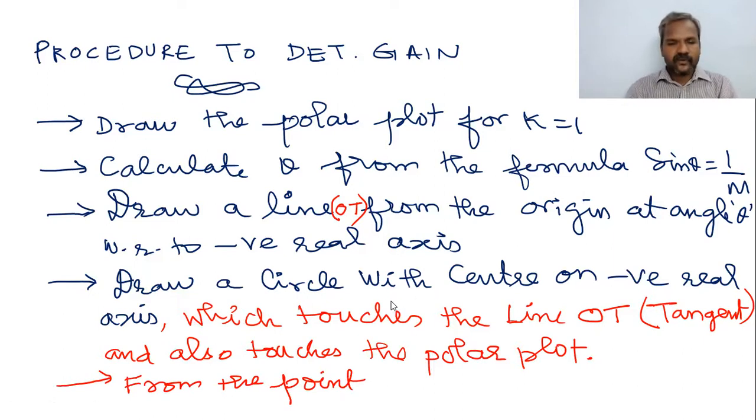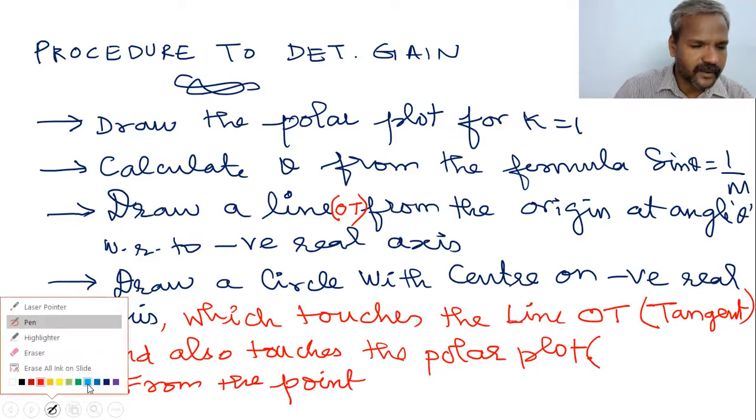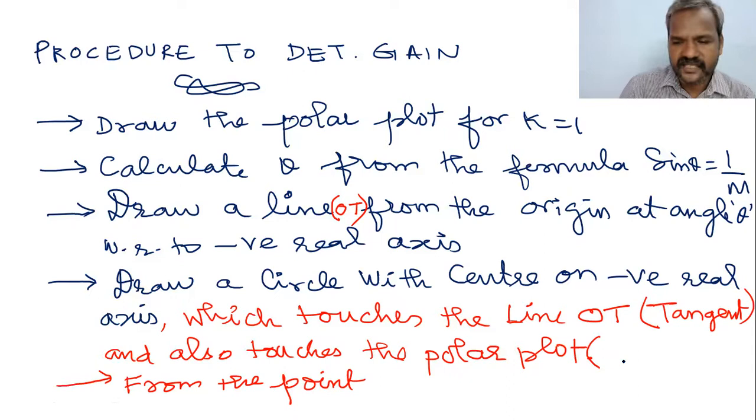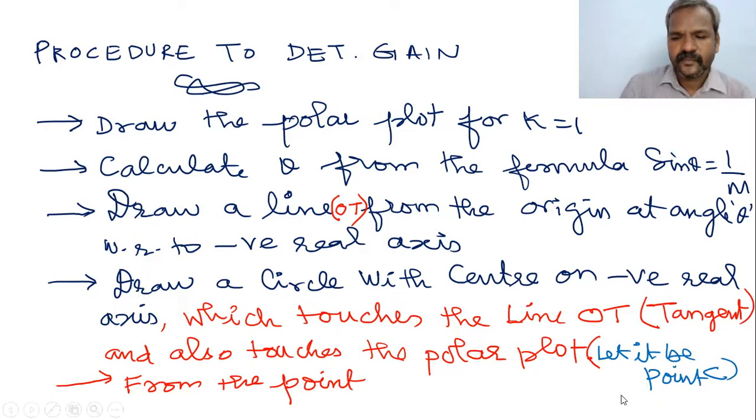So draw a circle with center on the negative real axis which touches the line OT and also touches the polar plot. The point is called point C. Let it be point C.